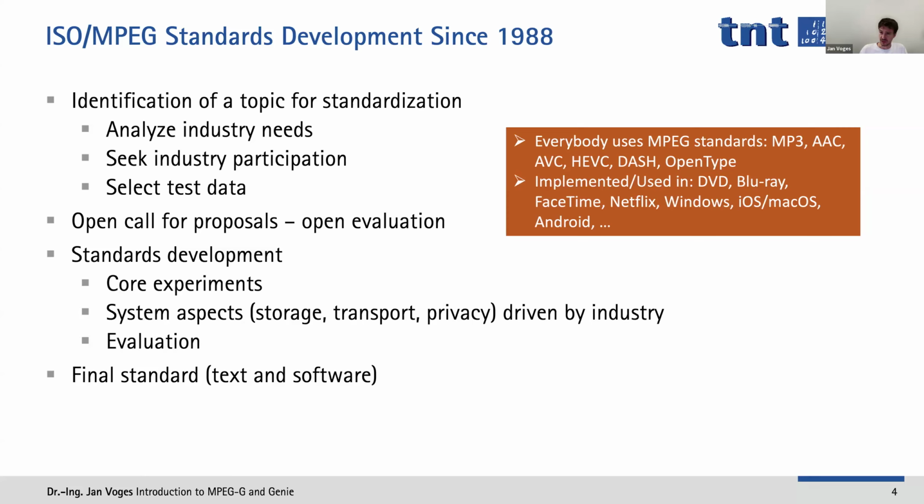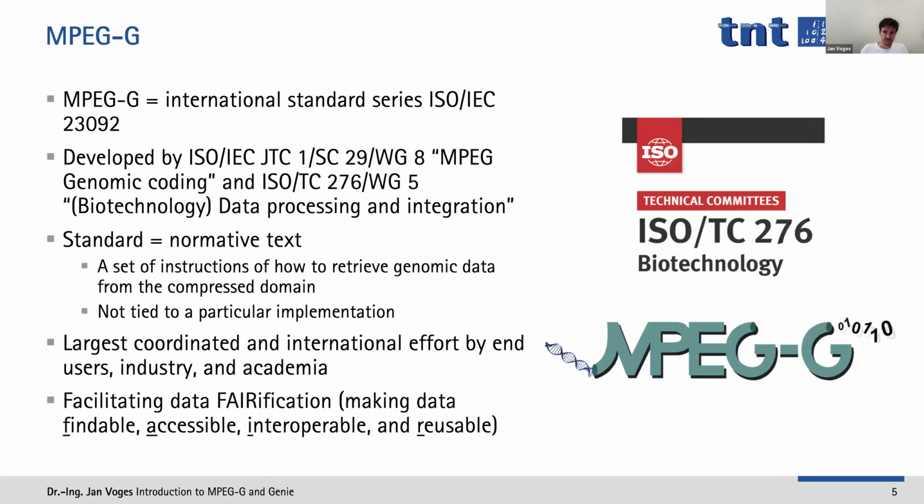There was AVC, HEVC. And now this group has also made a standard for genomic data. A standard is nothing more than a PDF file that you can download from the internet. So a standard needs to be implemented. And that is what we did in a quite large consortium.